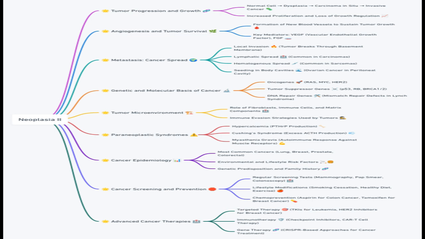The key morphological or histological feature of moderate dysplasia is involvement of the lower and middle thirds of the epithelium. So atypical cells extend beyond the basal layer, affecting up to two thirds of the epithelial thickness. There's partial loss of normal maturation.